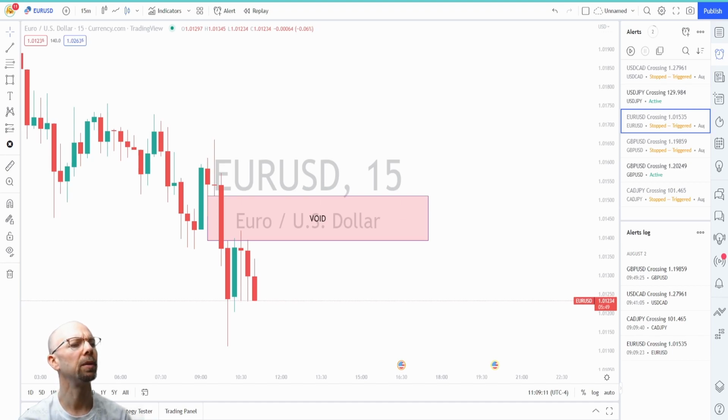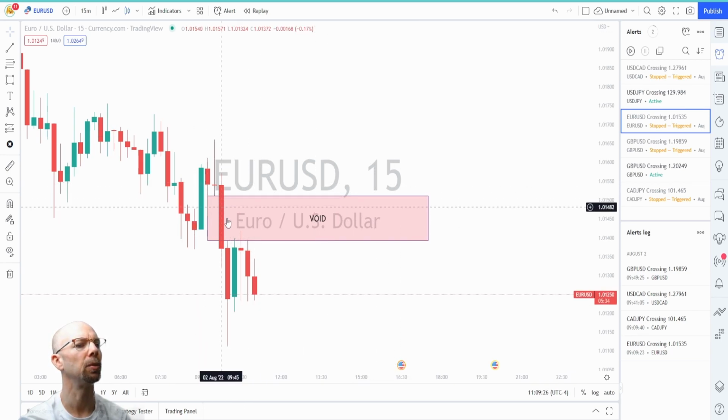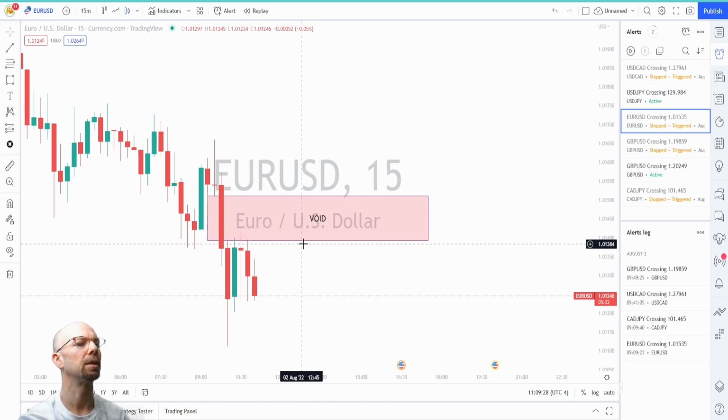Now, what you can see is I have a voided area marked off, and you can tell from looking at these two candles how there's a big gap in between, and oftentimes price comes into that area and you don't know exactly where it's going to react, but it comes into that area before changing direction.